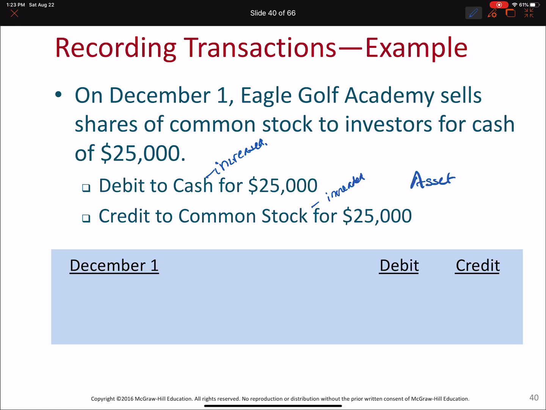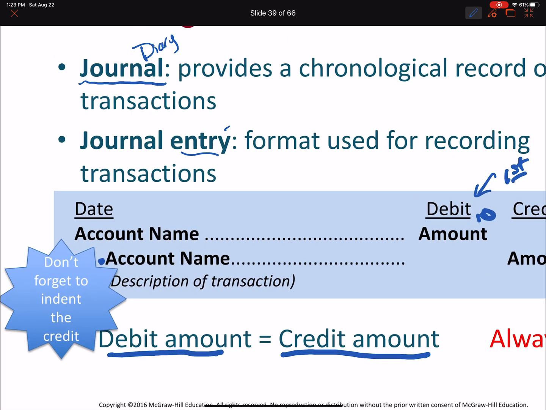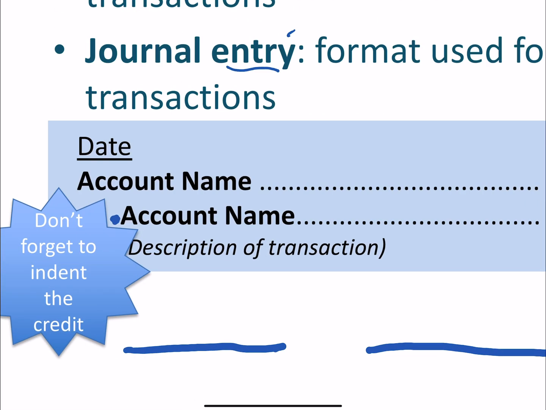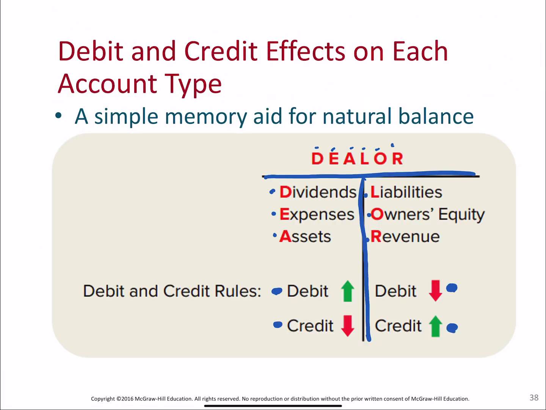We know common stock is part of owner's equity, or stockholders' equity. If I go back to this, if I want to increase an asset, I need a debit. If I want to increase owner's equity, I need a credit.